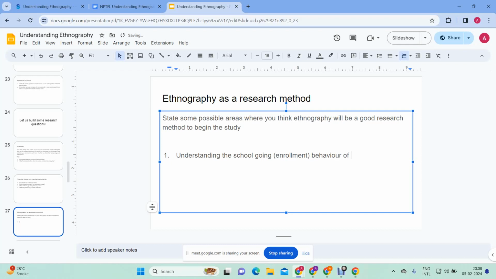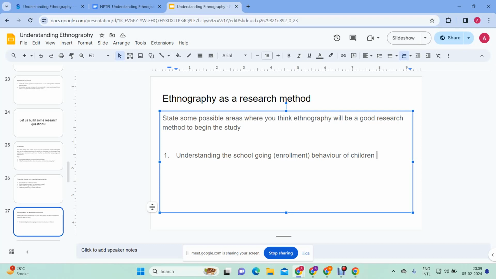Enrollment kind of largely depends on the family situation, right? So I'm trying to understand their mindset of dropping out, as in, given that the family is willing to put them into a school, but still they drop out.